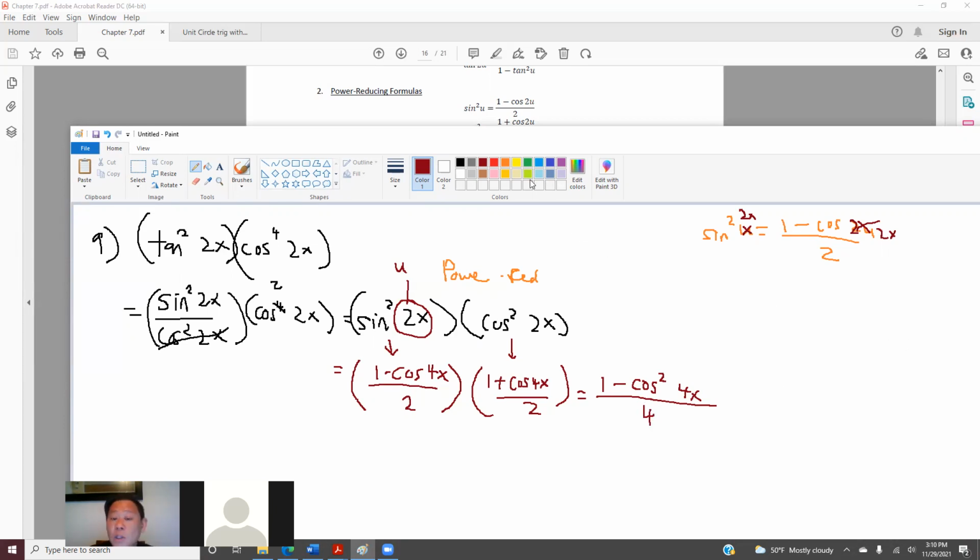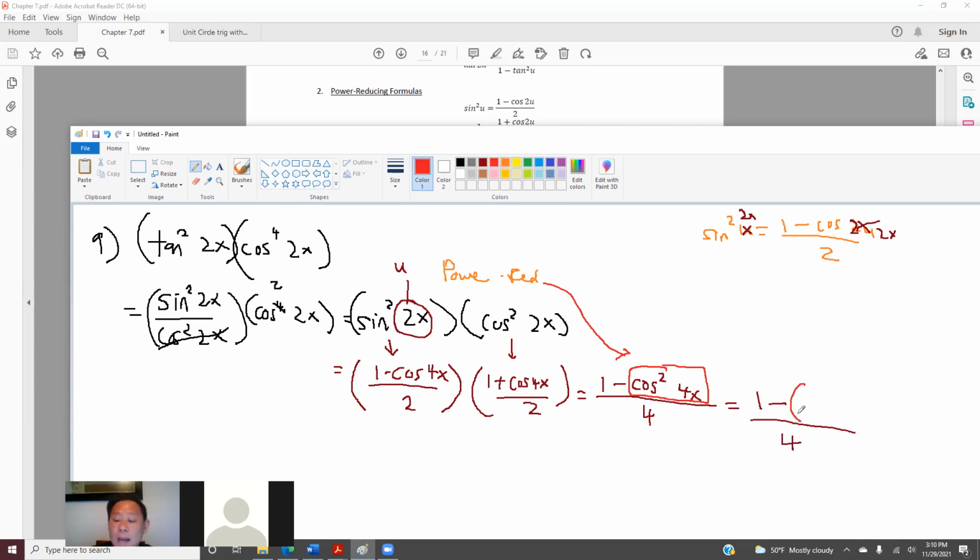Now, this is where you have to do one more time of power reducing, because you will have the square. Every time when you see square involved, you have to reduce it using the power reducing one more time. So the rest is the same.